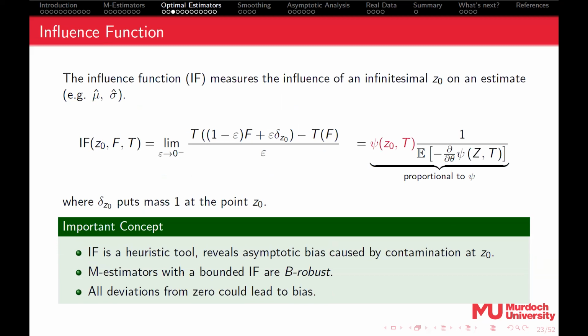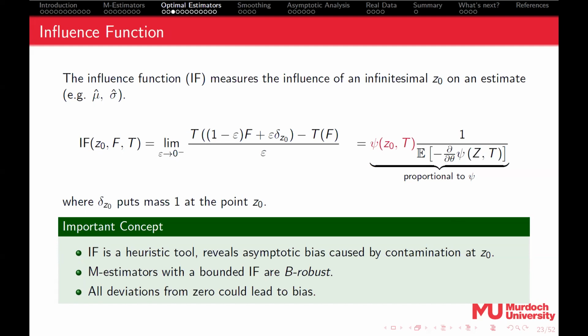Predominantly, again, I won't go into much detail, but the influence function is proportional to the psi function. Plotting the influence function gives us an idea of the effect of contamination at a particular point on the x-axis.